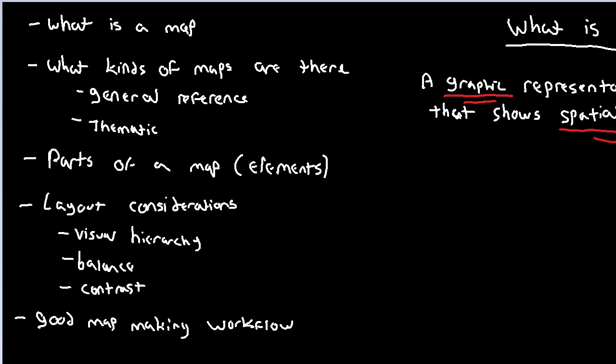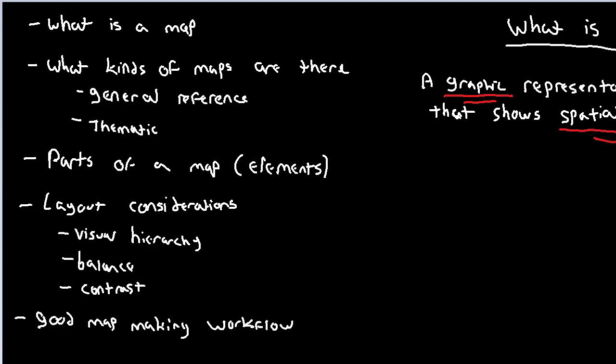And in this lecture video I want to wrap up our discussion on the fundamentals of cartography by going through a sort of rudimentary map making workflow. What I mean by that is we've already talked about the pieces of the map and the things we need to consider when we construct the layout, but I want to take a step back even from that and just go through, before you even put any map elements down, what kinds of things do we need to be thinking about?